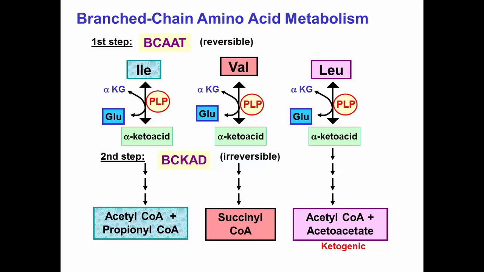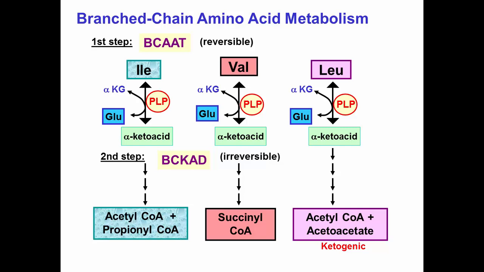It's everywhere, like any good transamination enzyme. The BCKAD, under normal physiologic conditions, where we're eating every 5 hours or so, its activity is pretty low in the muscle. It is primarily a liver enzyme. We're going to talk about the second step. This BCKAD is a liver enzyme.